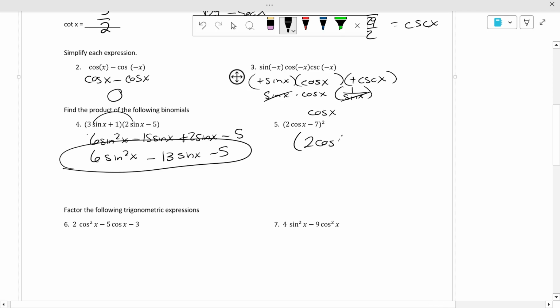When you have a quantity squared, you write it twice, and you FOIL. 4 cosine squared of x minus 14 cosine of x minus 14 cosine of x is minus 28 cosine of x plus 49.